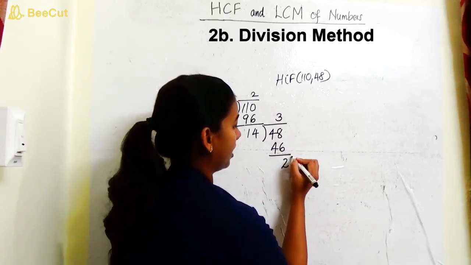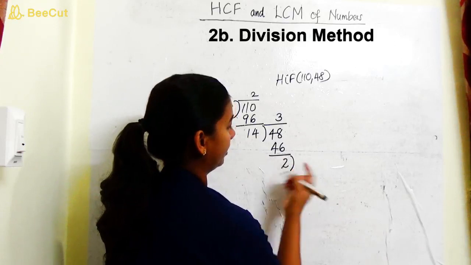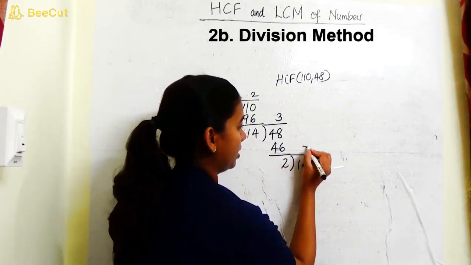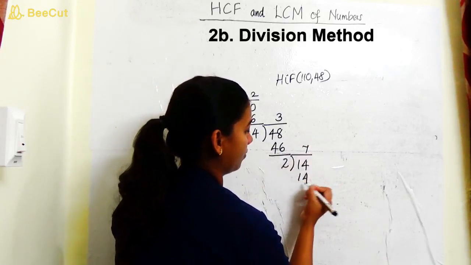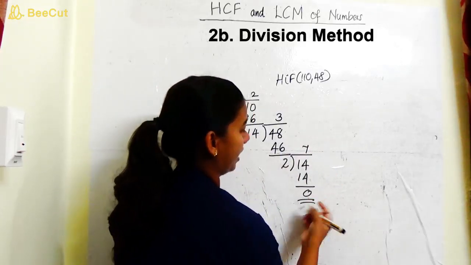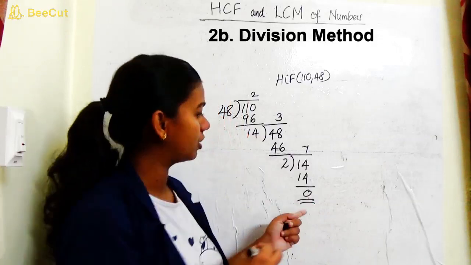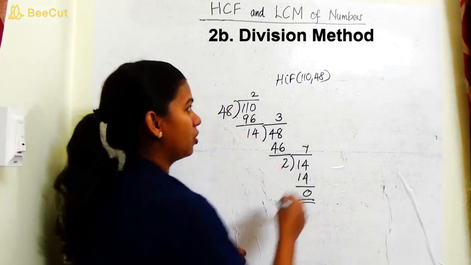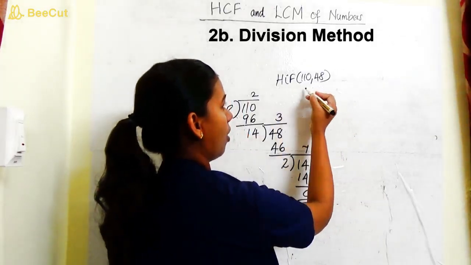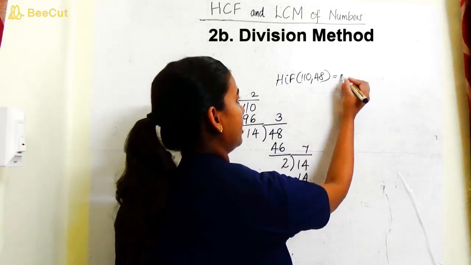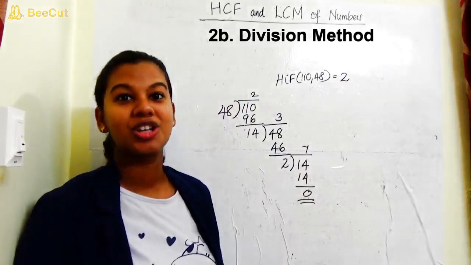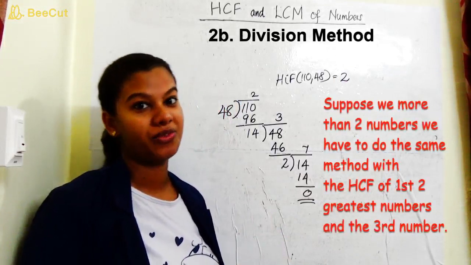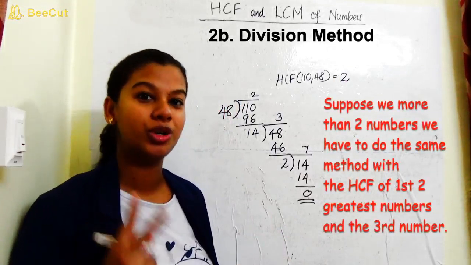Now I have to divide 14 by 2. 2 into 7 gives 14. I get the remainder as 0. Okay. So out of this, the last divisor is 2. So we can say that HCF of 110 and 48 equals 2. So this is the division method in which we can find the HCF of two numbers.